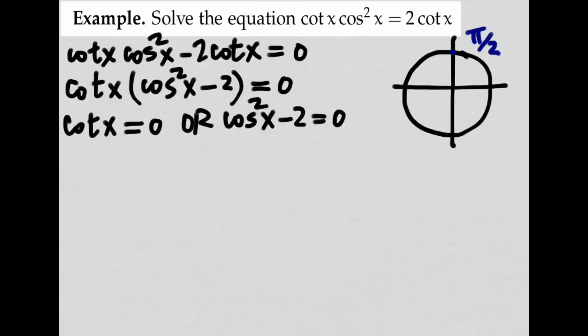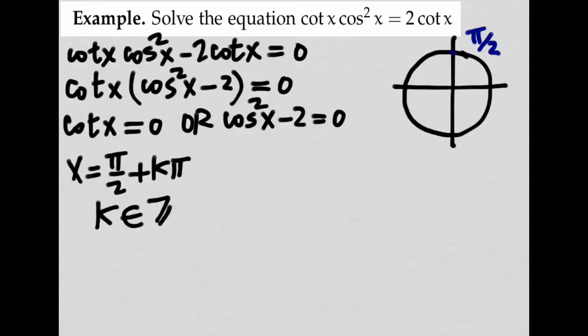So to solve the first equation, cotan x equals 0, we have x equals pi over 2 plus k pi. K is an integer.